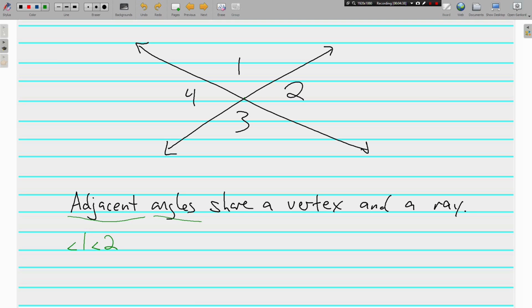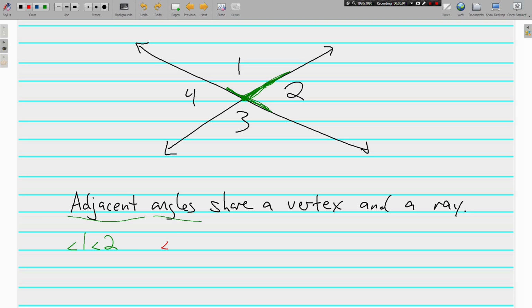So angle 1 and 2, all the angles share this as the vertex. Here's angle 1, I'm drawing it with green. And angle 2 is right here. This is the ray that they share. They share a vertex and a ray. Do you see any other pairs of adjacent angles here?